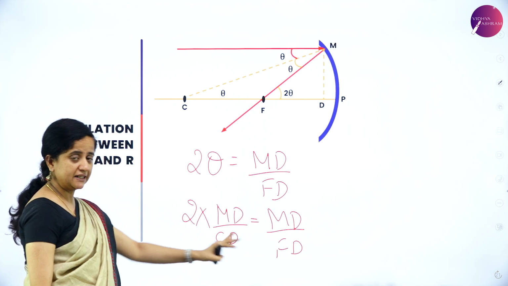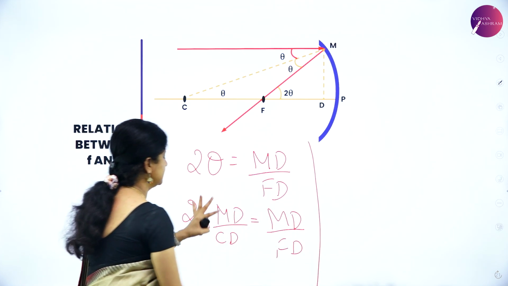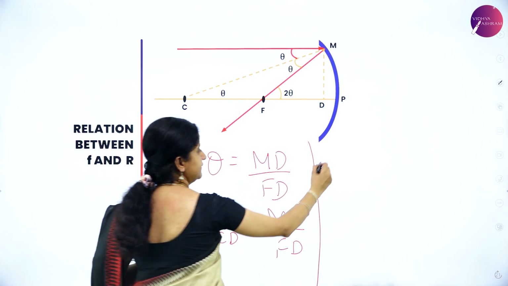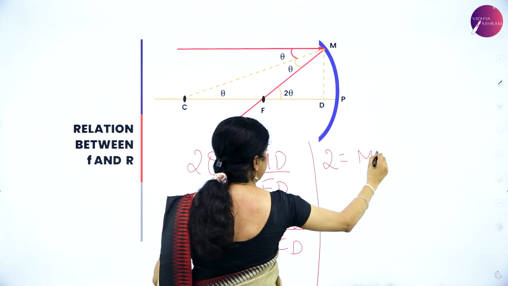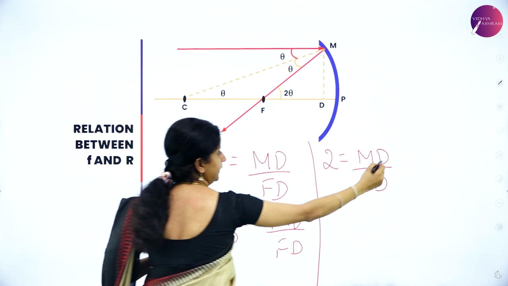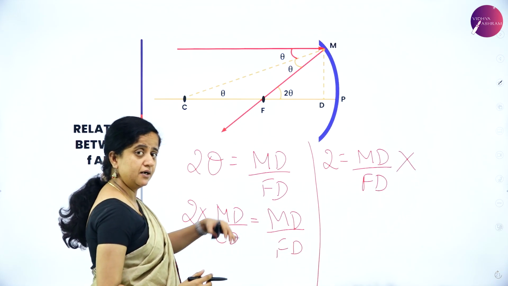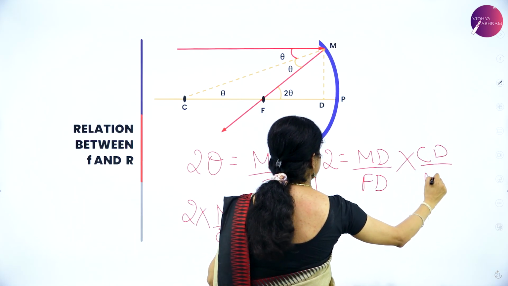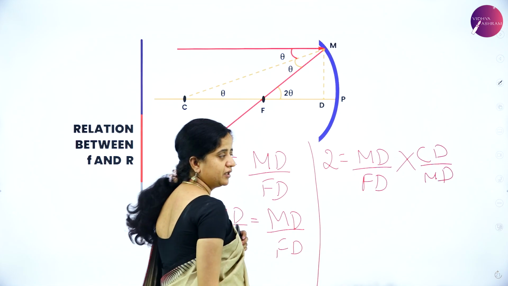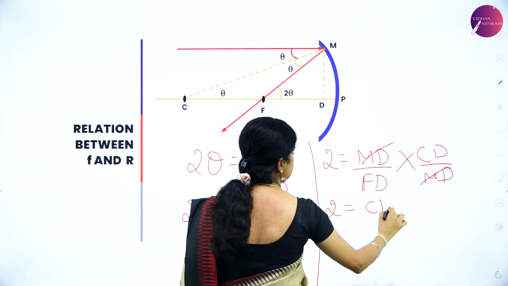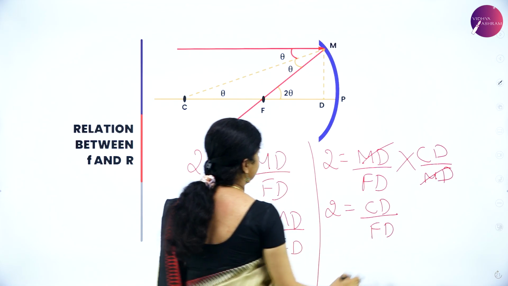Now let us simplify this by bringing these two terms to the other side. So we will get 2 is equal to MD by FD on my right hand side into, this will be the reciprocal after it is shifted to the other side, CD divided by MD. Now MD and MD get cancelled and we remain with 2 is equal to CD divided by FD.